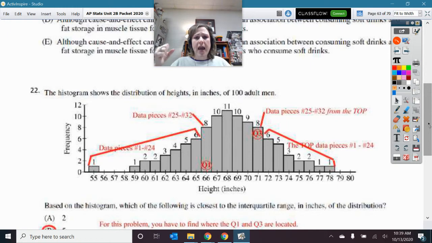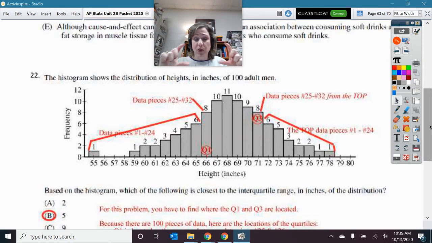All right, you have to be proficient. Multiple times on this test, you have to be able to look at a histogram or even a frequency table and find where the median, Q1 and Q3 are located. You have to, so get that straight. Here, of course, with 100 pieces of data, we know that our Q1 is going to be between the 25th and the 26th piece of data.